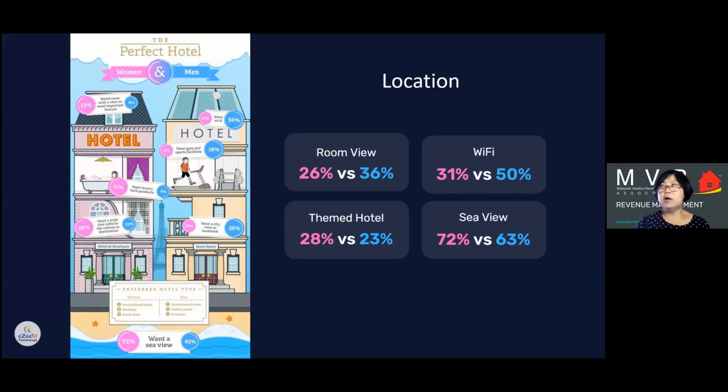You may have a lake view, sea view for the resort, a city view for a city center hotel, garden view, pool view, and theme hotels. Nowadays, boutique hotels are very popular for theme. So you must understand location as a segmentation to target the right customer.